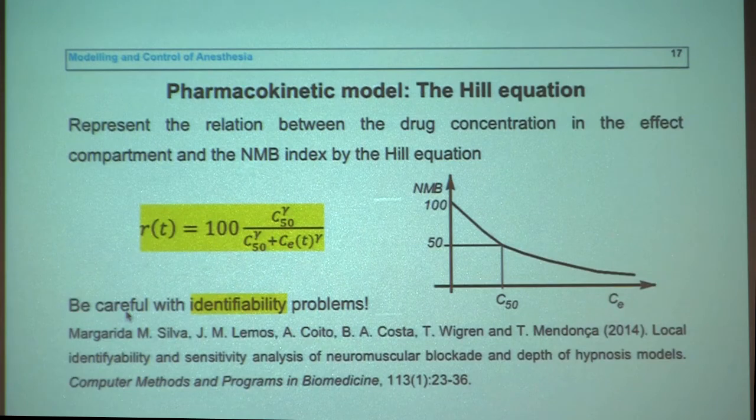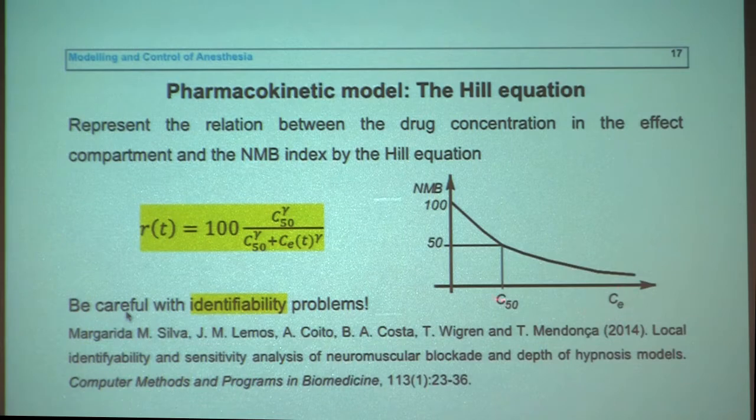So instead of writing all the details, we assume that the concentration in the effect compartment, CE, is related to the level of neuromuscular blockade through this equation. Okay? So if C is 0, you are at 100%. If C grows, it decreases.